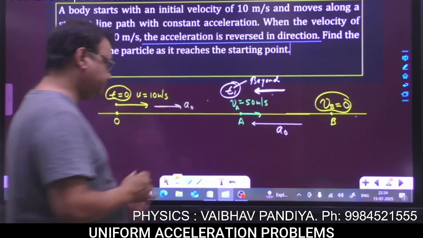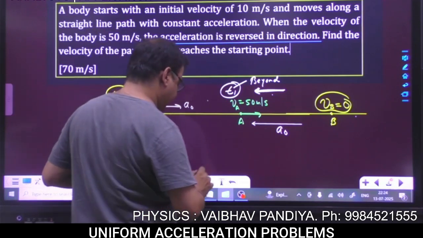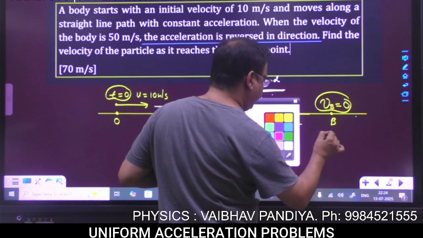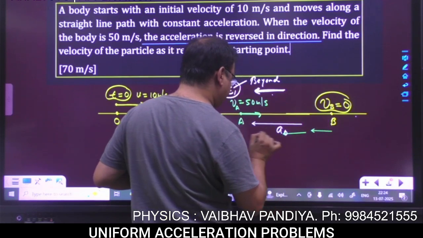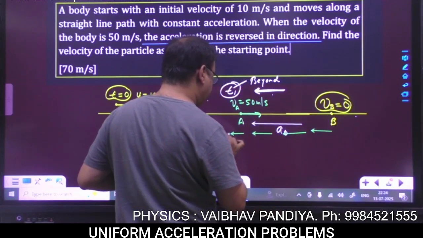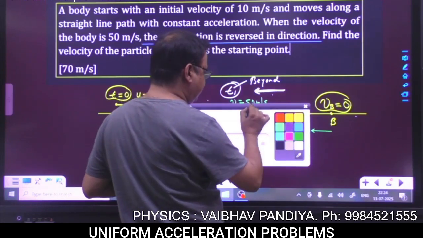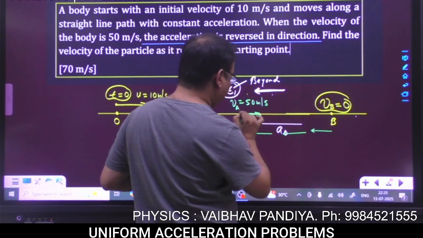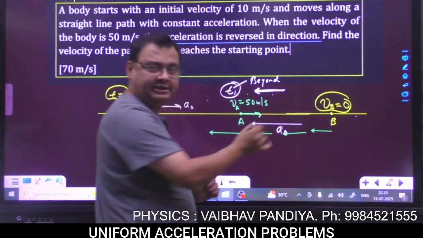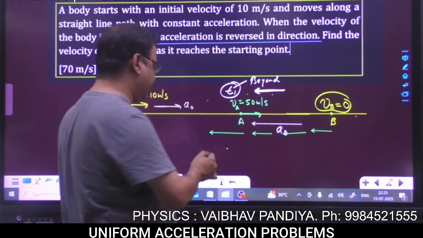Got it? Now what will happen? Now the reversal of motion will take place, and the particle will start moving towards the right side with increasing speed, and ultimately it would be crossing A again. And can we say by symmetry? Going from A to B towards the right side, and then from B to A towards the left side, the acceleration is constant.